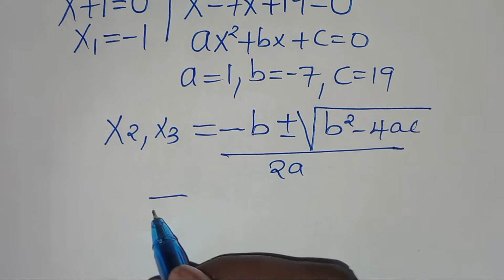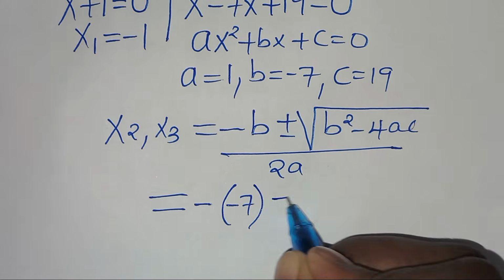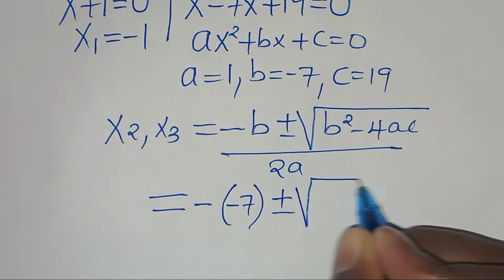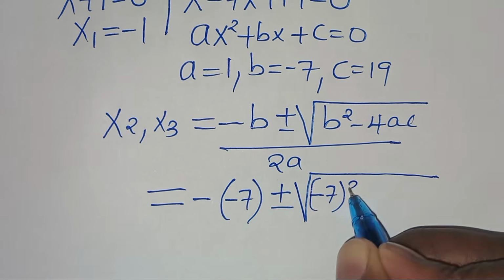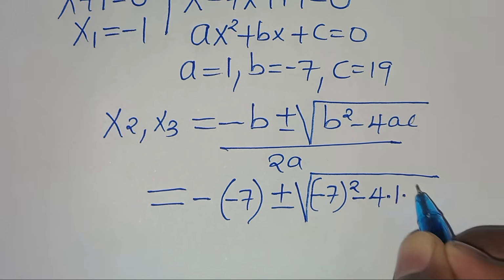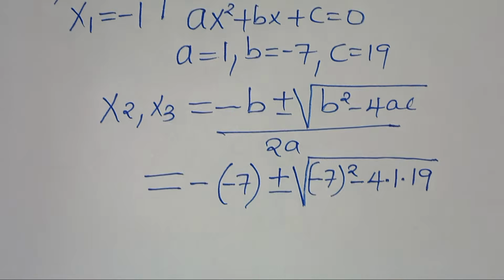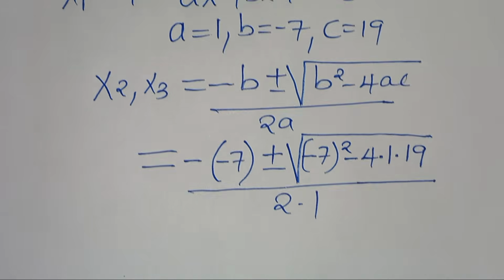So therefore, here we have -(-7), plus or minus the square root of ((-7)^2 - 4 times a, which is 1, times c, which is 19), everything divided by 2 times 1.